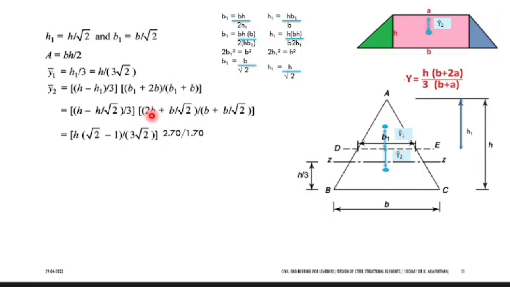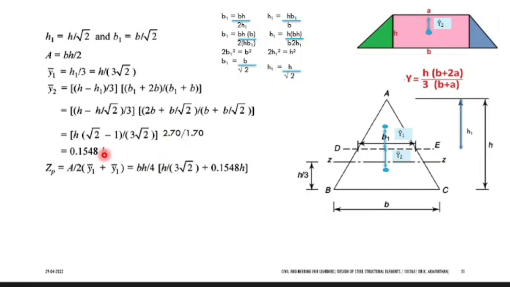If you add 2 plus 1 by root 2, you will be getting 2.7, and 1 plus 1 by root 2 will be 1.7. If you divide this and multiply, you will be getting 0.1548 H. Okay.